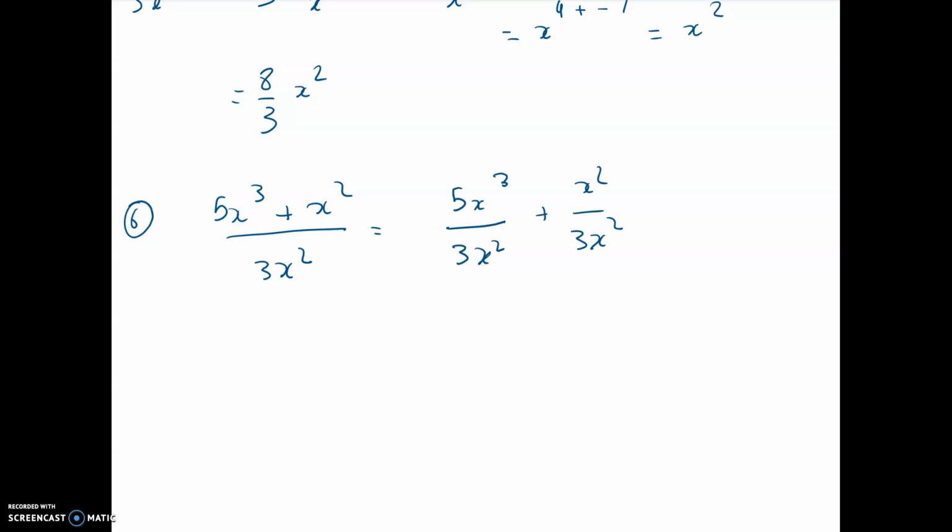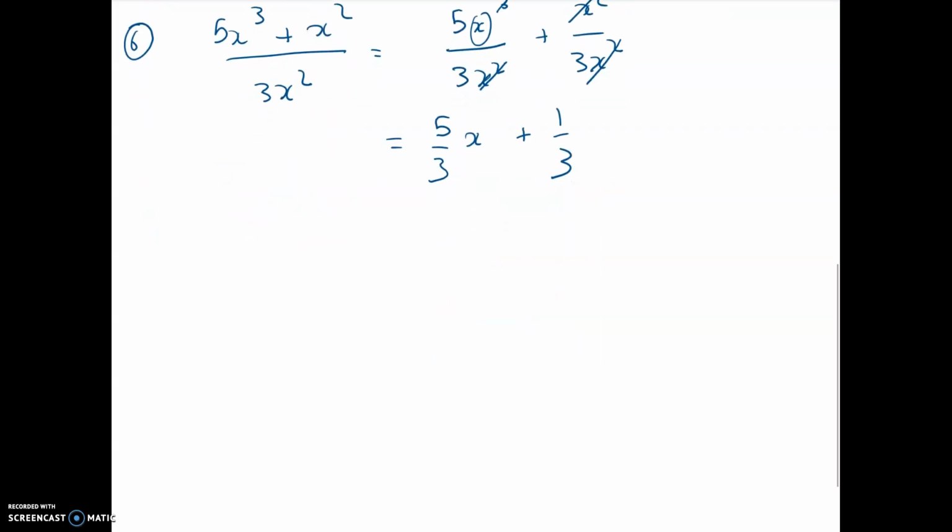And obviously now you will agree with me that it's going to be 5 over 3 x plus 1/3. Why? Because x cubed and x squared leave one x, and x squared divided by x squared, now we have 1/3.